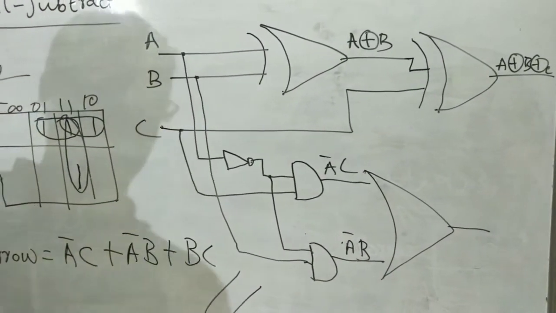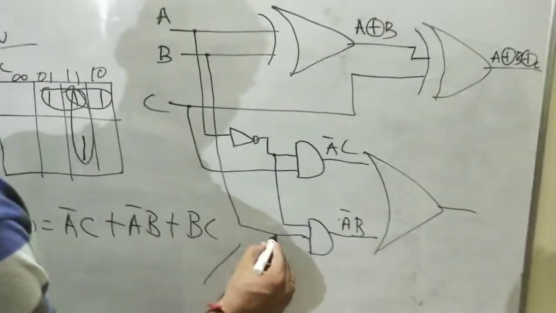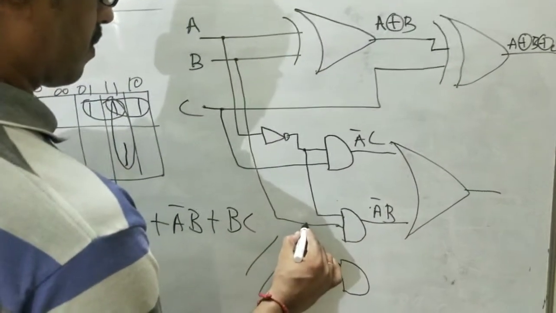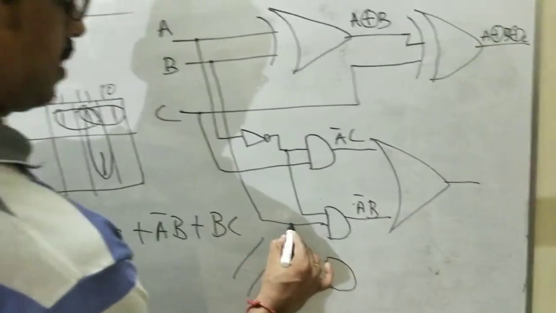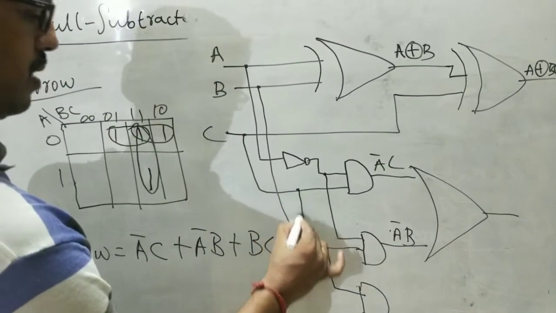Then what is that? BC, we have to get it. This is B, and then this is C.